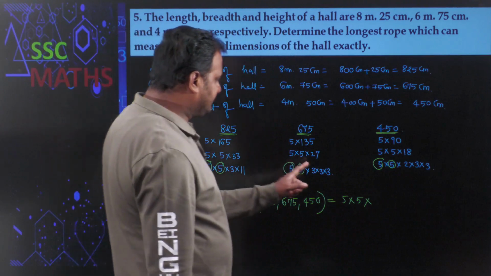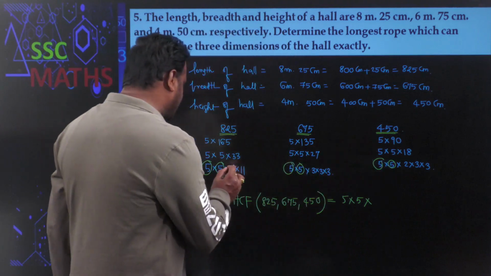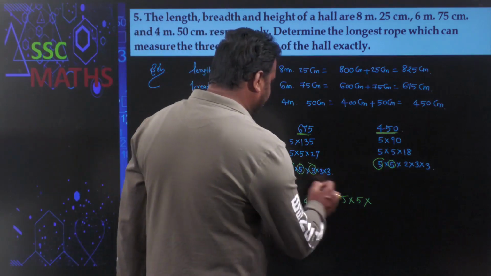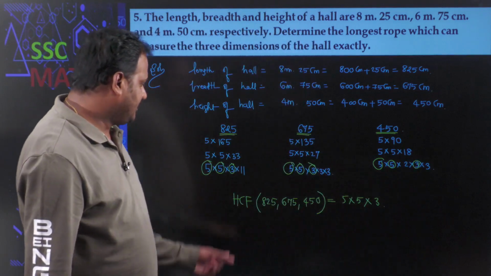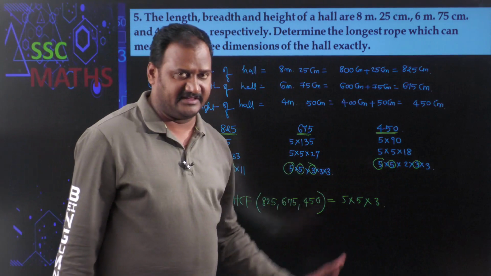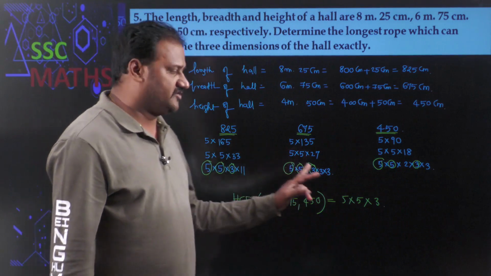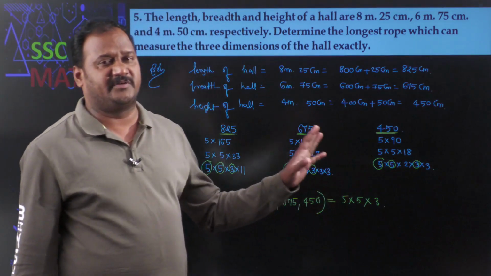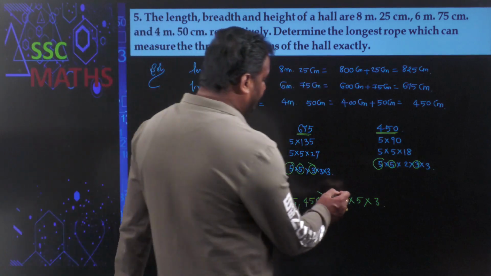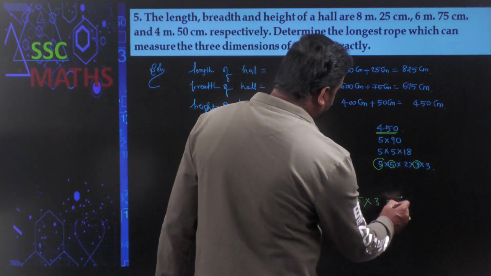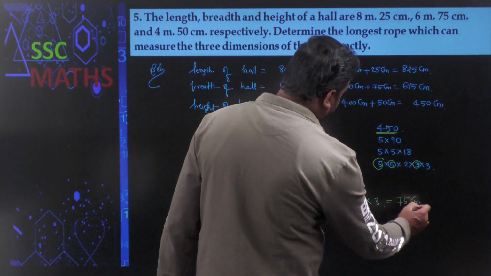Then 3 is in all three, and one more 3 is common in all three. Is there any other common factor? 11 is here but not in the others. So 5 into 5 into 3 is the common factor for all three numbers, that is 25 times 3, which is 75 centimeters.